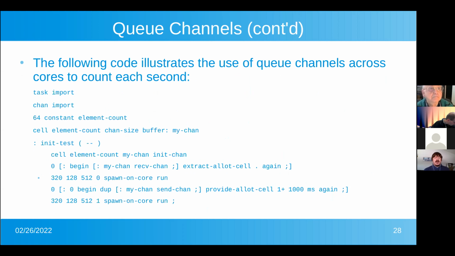And here's a simple example which sends and receives just incrementing numbers once every second from a task on core 1 to a task on core 0. You'll see in my code these words, provide-allot-cell and extract-allot-cell.